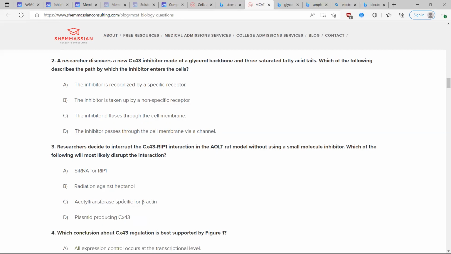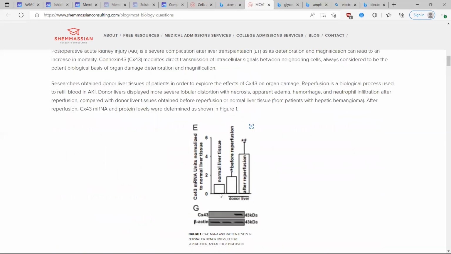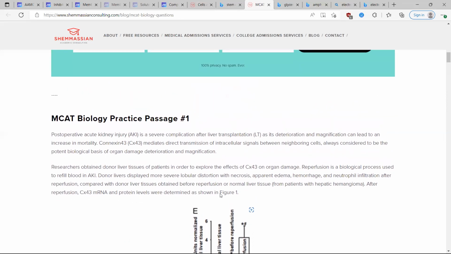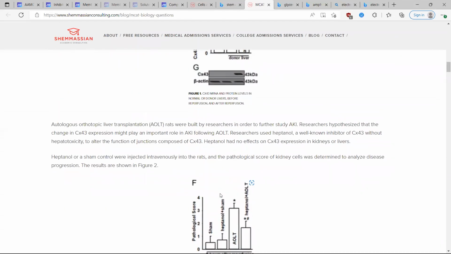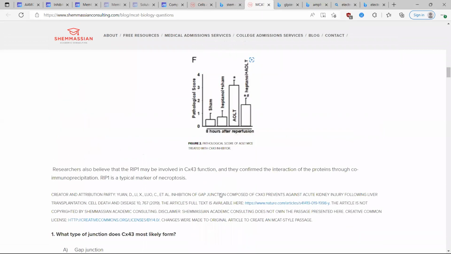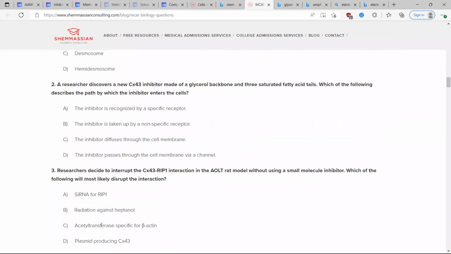Acetyltransferase, an enzyme specific for beta-actin. I'm not sure what this has to do with anything. I don't remember when they talked about beta-actin, if they did. But again, they're saying without using a small molecule inhibitor.